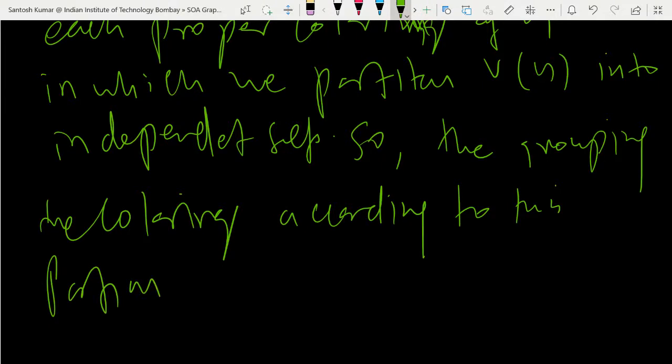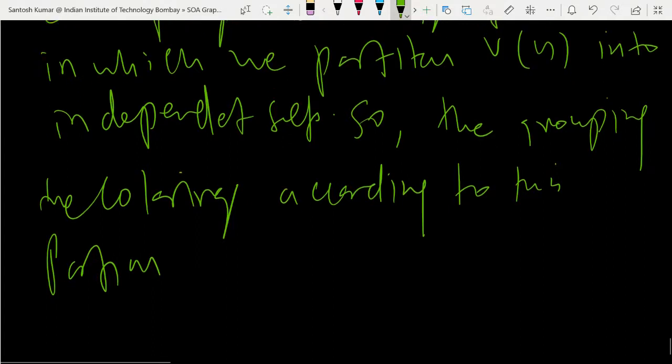So you have seen we were trying to partition the vertex set into one set using only one color, partition the vertex set into two sets using only two colors, partition the vertex set into three sets means using three colors at a time out of k colors, and partition the vertex set into four sets, means using four colors.